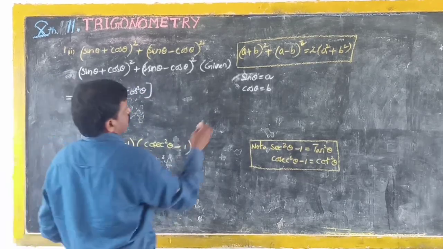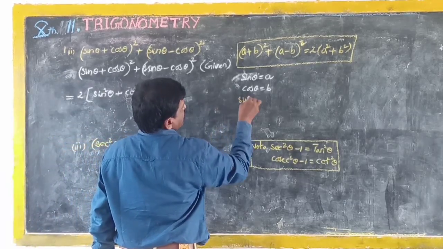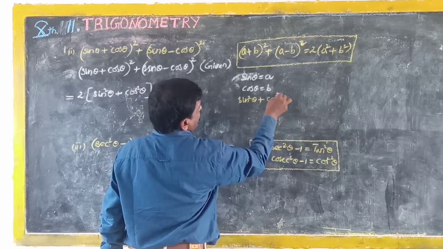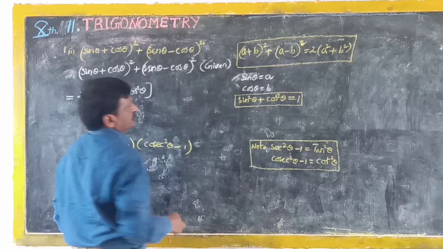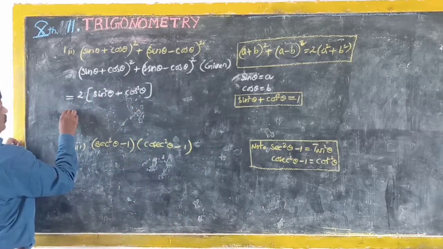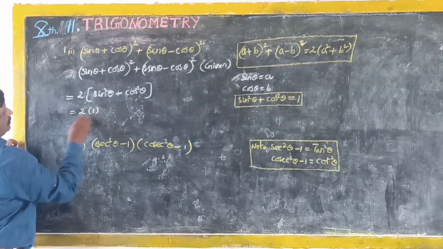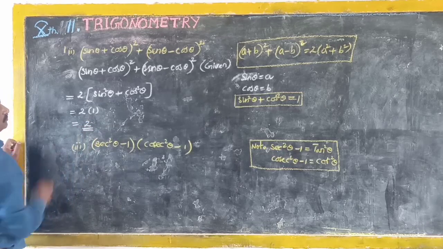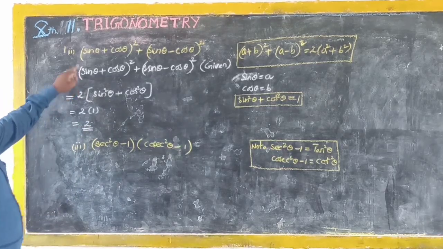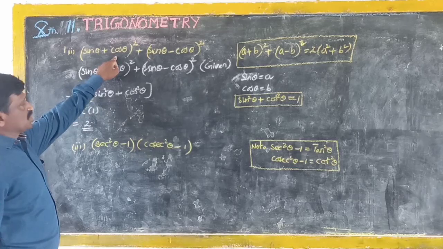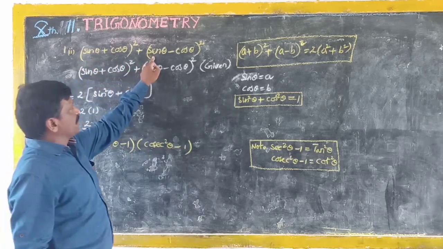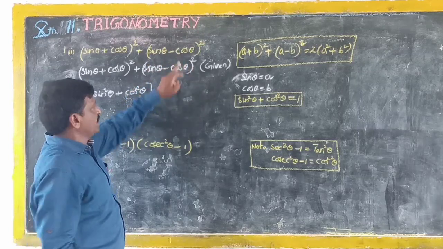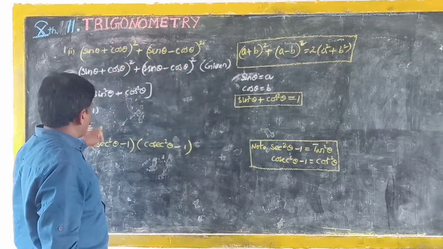So sin square theta plus cos square theta is equal to 1. So 2 into 1 is equal to 2. Sin theta plus cos theta whole square, a plus b whole square, a square plus b square plus 2ab, a square plus b square minus 2ab, as well as you will write in the same answer.